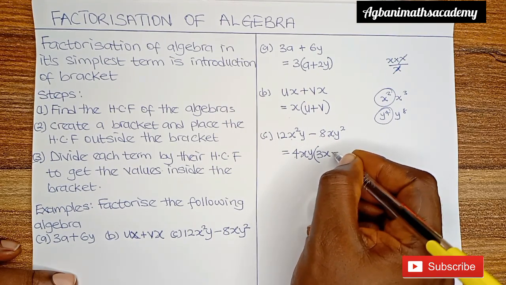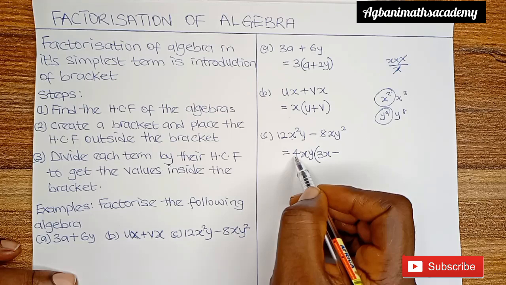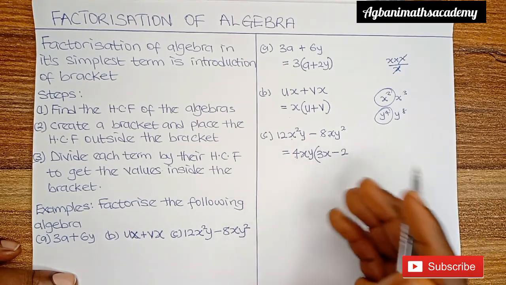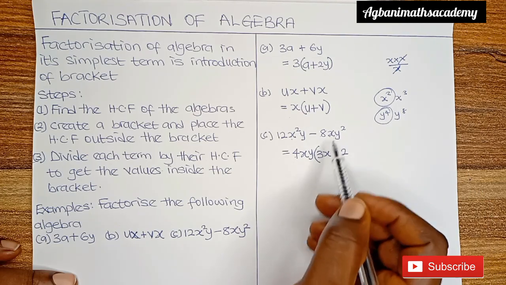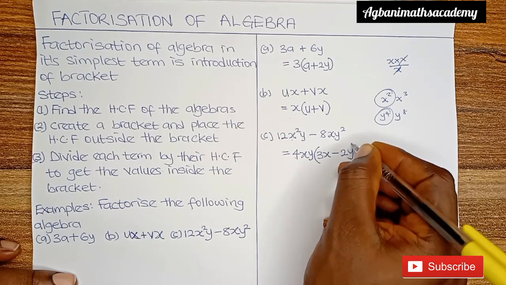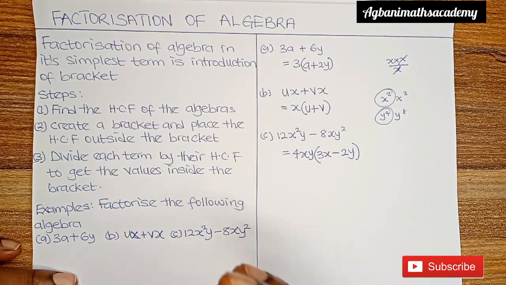So bring the subtraction down. 8 divided by 4 is going to give us 2. x divided by x is going to cancel out. And y squared divided by y, just as we did here, is going to be y. Very simple. So this is how to factorize an algebra.